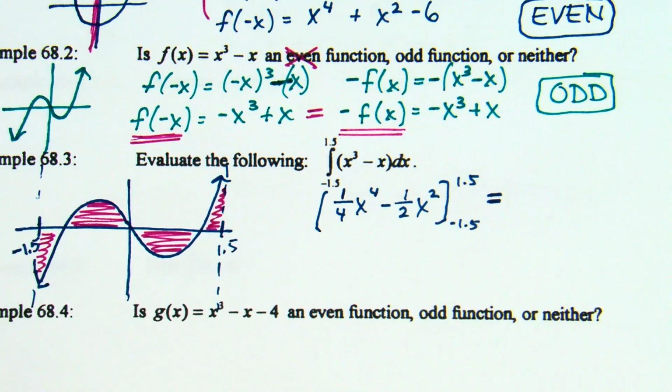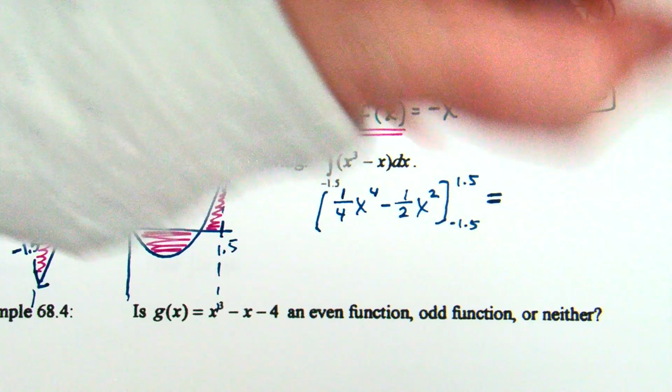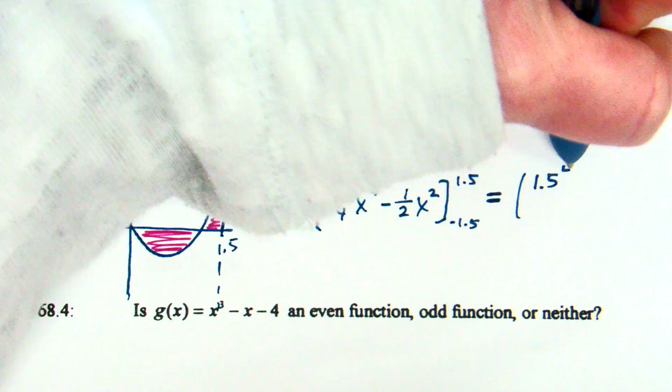Now, officially, if you plug them in, I wasn't going to do all the math out because we'll be able to see pretty quickly. Plug in positive 1.5: 1.5 to the fourth divided by 4 minus 1.5 to the second divided by 2.